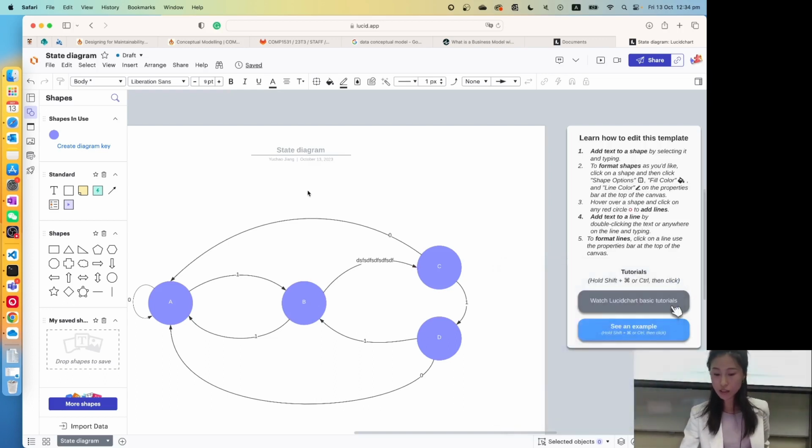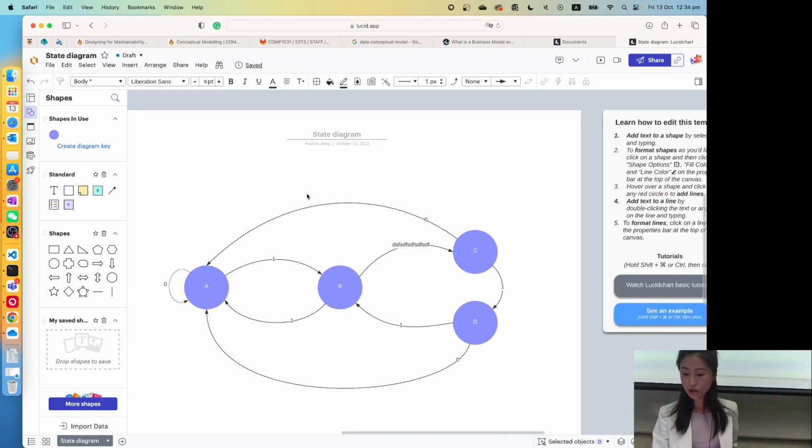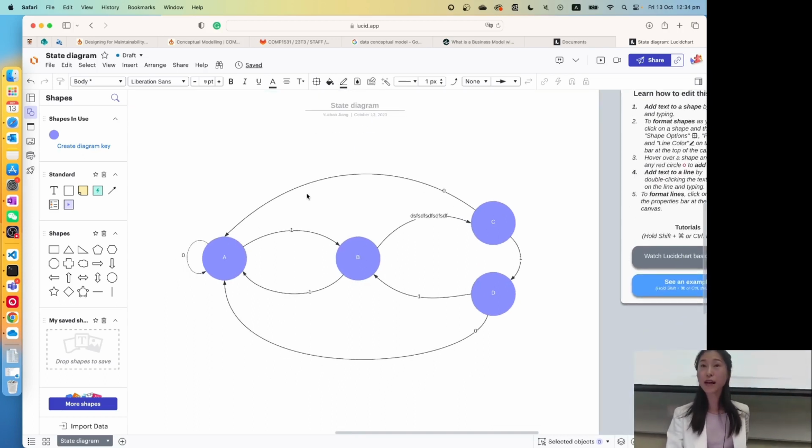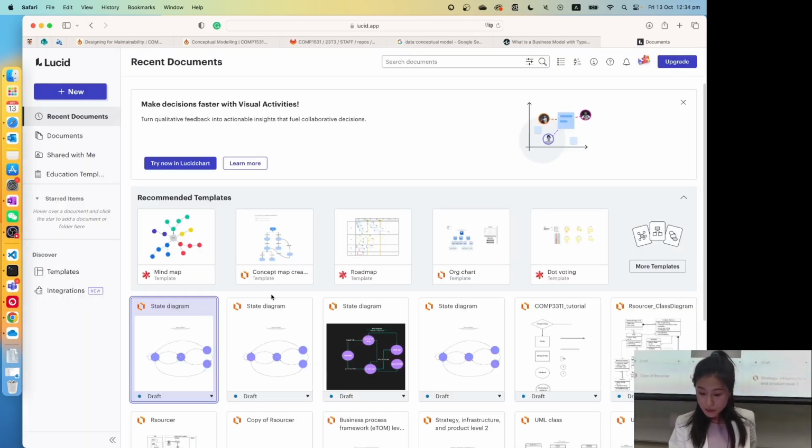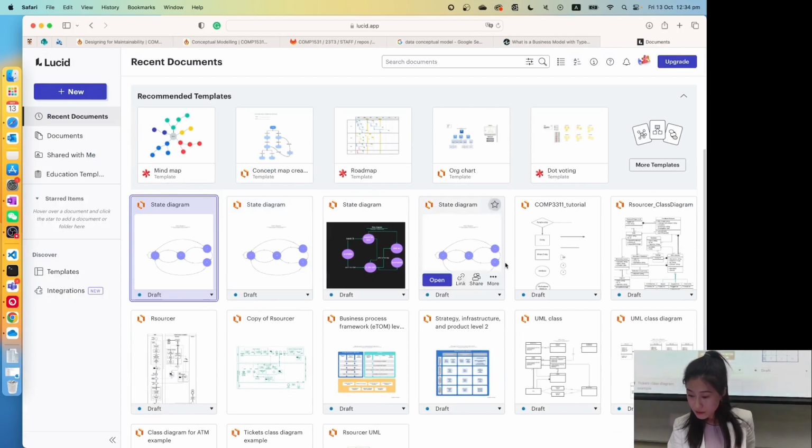So this is using Lucidchart to draw the diagram. And you can also collaborate on drawing these conceptual models by using Lucidchart. So you can have different people working on the same project using Lucidchart. Yep, that's it.